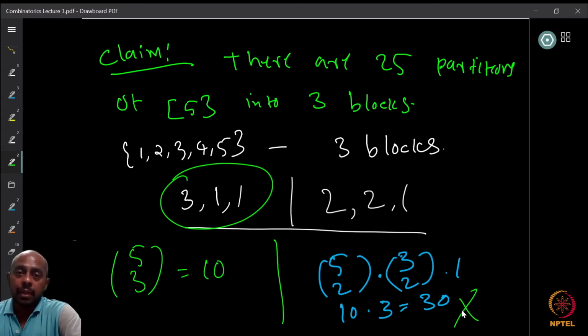This is wrong because when we were doing the counting, we did some over counting. Can you think of why there is some over counting?